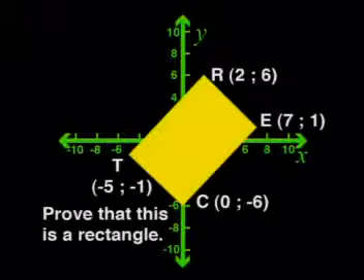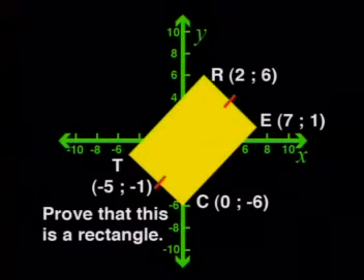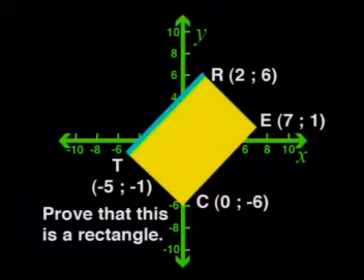So to prove that this quad is a rectangle, we've got to show that RE is equal to TC and TR is equal to CE. That will tell us that the opposite sides are equal. Then we must show that TR is not equal to TC. That will show us that the adjacent sides are not equal. Because if they were equal, then it will be a square.